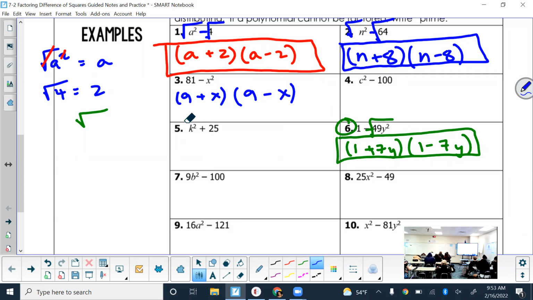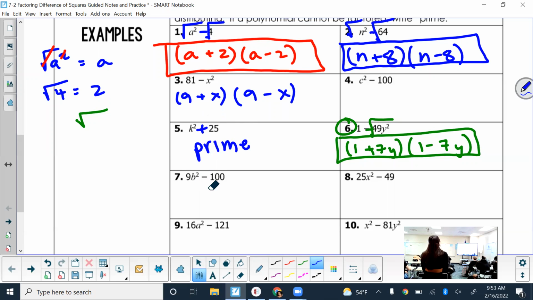Like, can I factor out a k or a number? I cannot, because they both don't have a k, and the coefficients are 1 and 25. There's no GCF other than 1. So number 5 would be prime. All right, if it's not a difference of squares and there's no GCF, then it's prime.